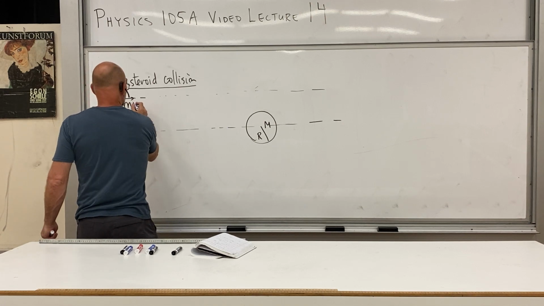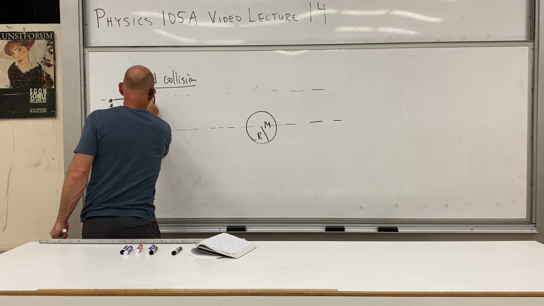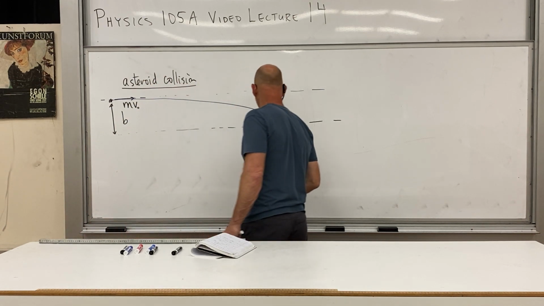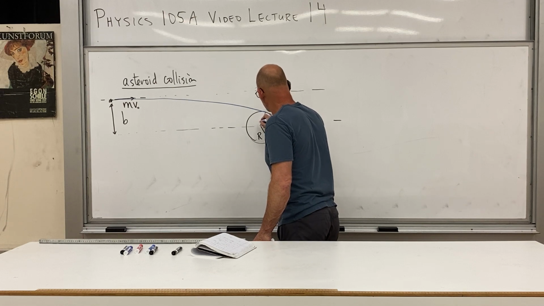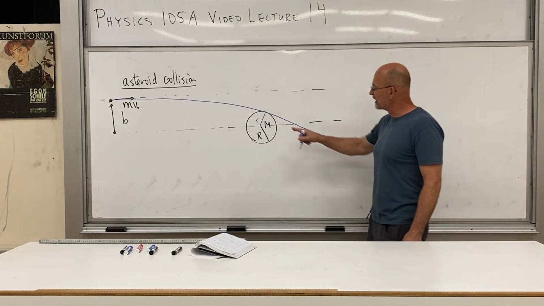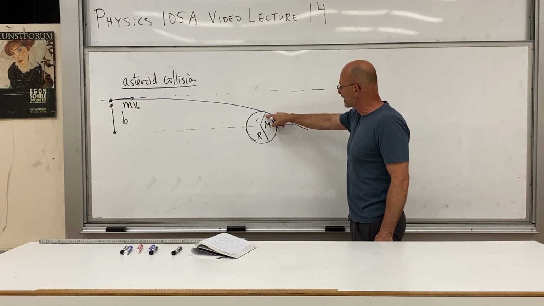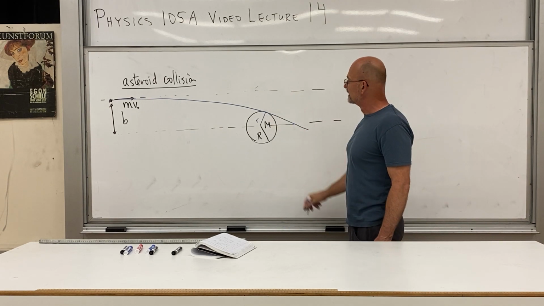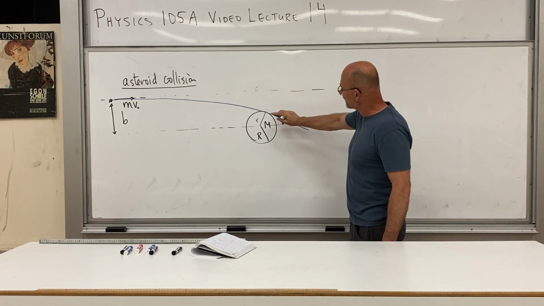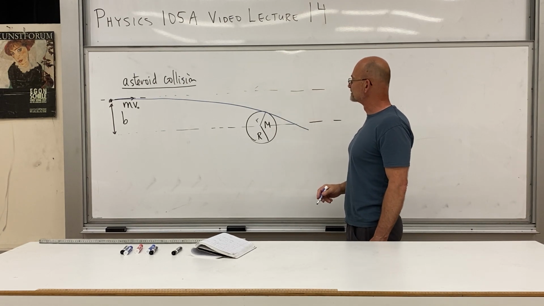If its orbit is such that, let's draw a sweeping curve, it just grazes. Okay. So then you could say b is equal to capital R if it just hits. So that's the difference between colliding and not colliding, right? Had it had a slightly farther orbit, it would have not collided. So there's our criterion right there.